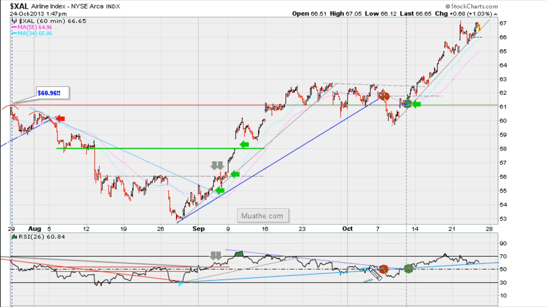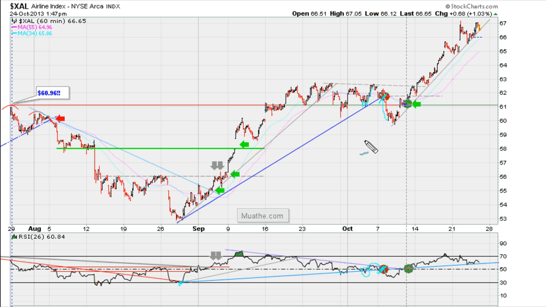You see that this was a buy signal here because this line held, this blue line, it held here, which happens to be this low here. So the stock moved higher, and it's only until it came back and broke this trend line. So the red dot there is a break of this line here. So this was a sell point. You get out of the stock.